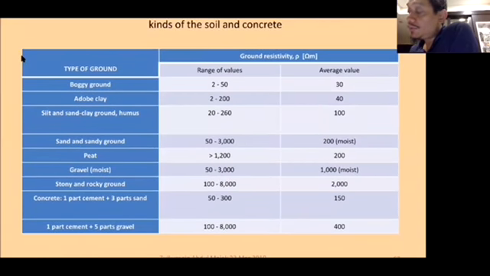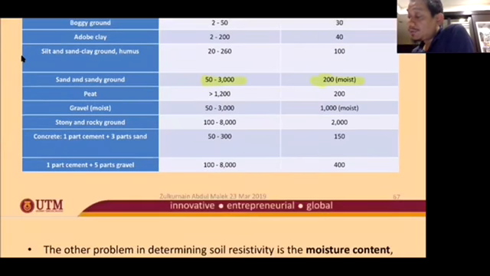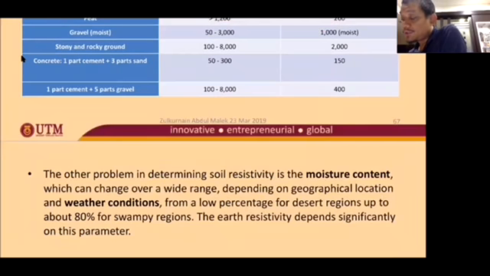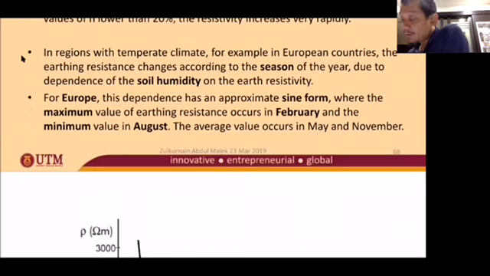So 1 ohm meter is equal to 100 ohm centimeter. So you have to multiply by 100, so the previous table has large values. Now for clay, just now 500, now 50. So this is correct. 200. Okay. So the previous table is also correct. It is ohm centimeter. Already done this one.